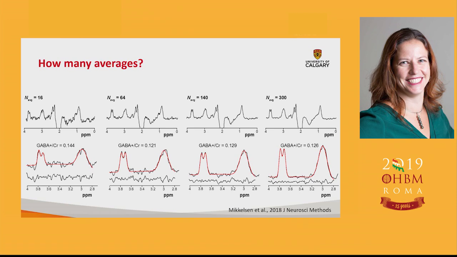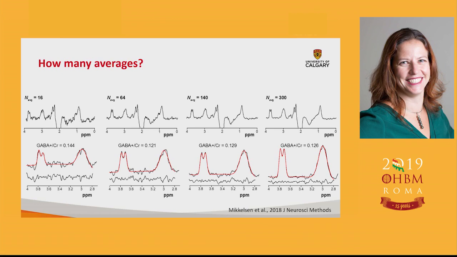These results here are for a 27 milliliter voxel, so a 3 by 3 by 3 voxel, and what I wanted to highlight was that the number of averages you take does matter. That seems like a really simple concept, but you will gain stability with acquiring more averages. On the left-hand side, where we've got 16 averages, you can see some non-well-modeled signal in your difference spectrum.